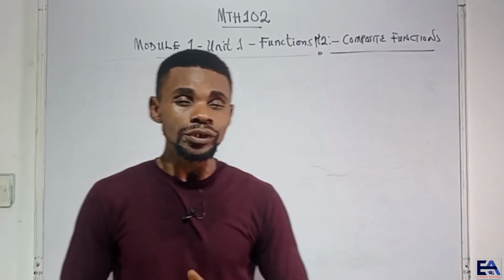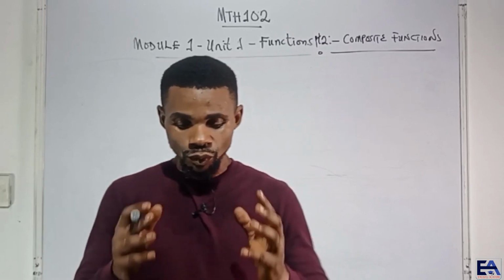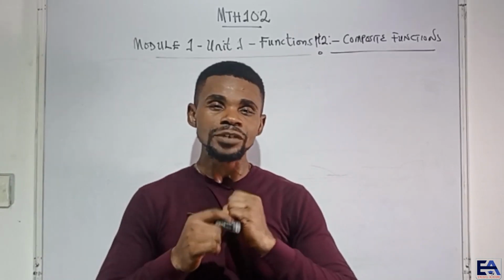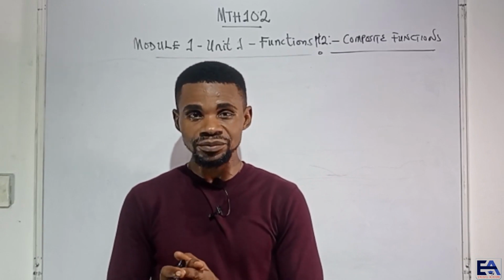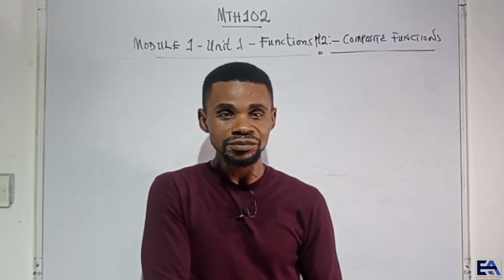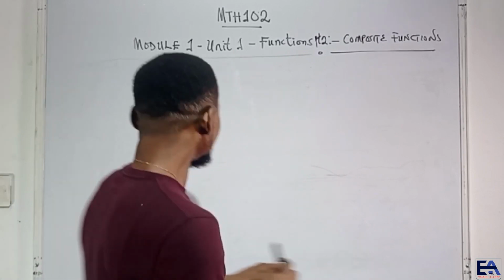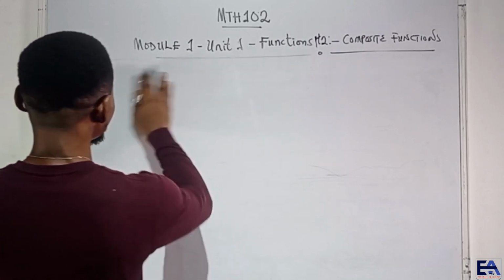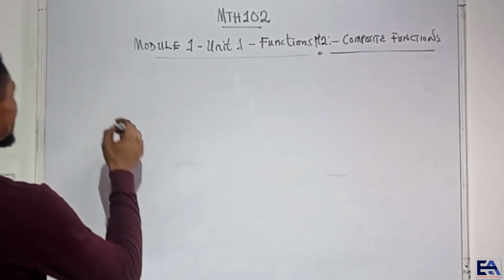This time around, we are talking about composite functions. Well, a composite function is what we could regard as a function of a function. A composite function means the function of another function. Okay, so now let's have a couple of examples that can explain this further.